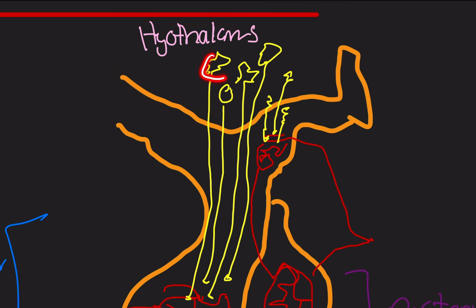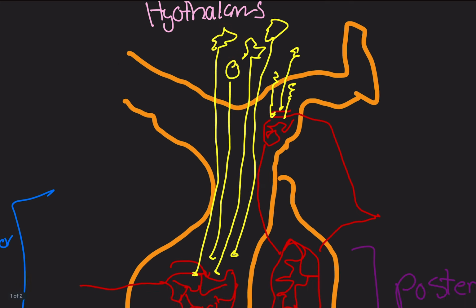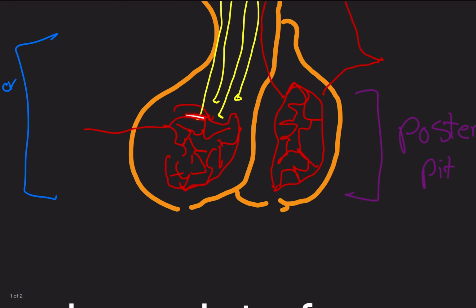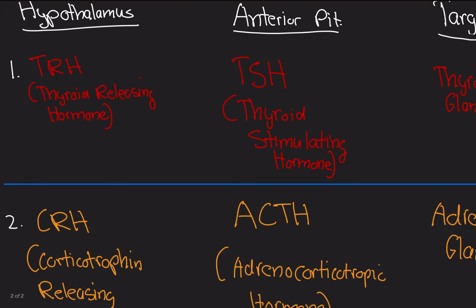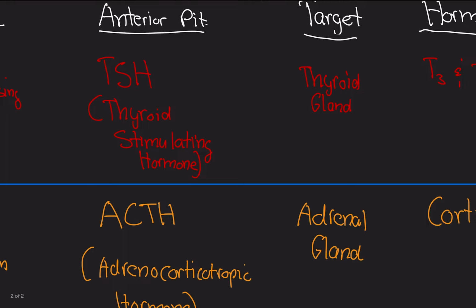It's going to enter these nerves, go down basically, and get secreted into here. And this anterior pituitary is now going to make thyroid stimulating hormone, or TSH. So you have TRH, thyroid releasing hormone, which the hypothalamus makes. It goes to the anterior pituitary, and we get thyroid stimulating hormone.